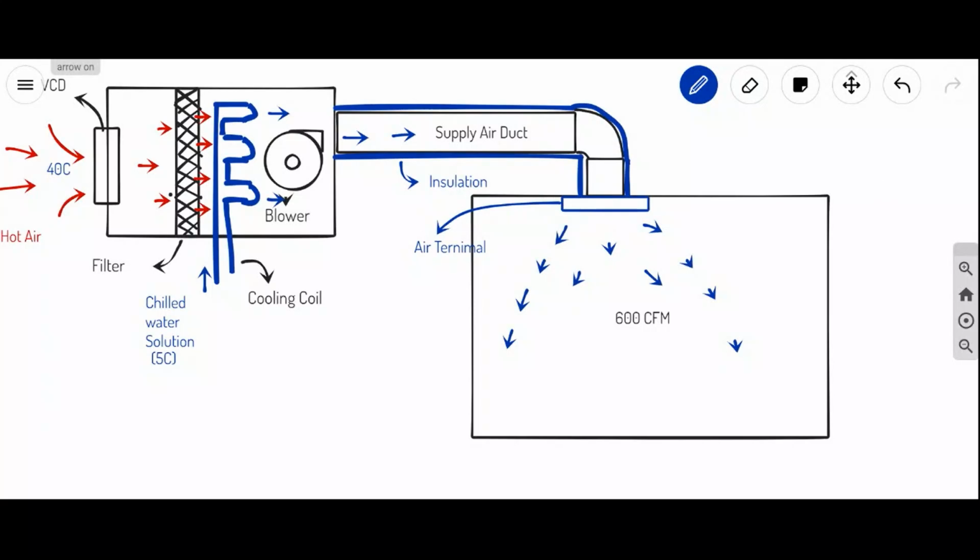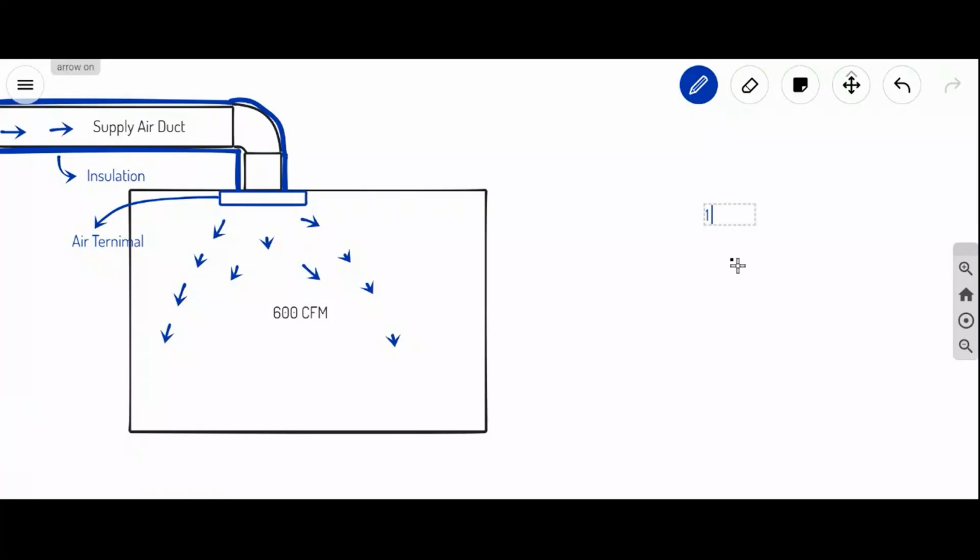Now, assume in the first minute we have supplied 600 CFM, cubic feet per minute, right? 1 minute में 600 CFM we have supplied. Now, second minute, again we are supplying 600, so that in the room it will be 1200 CFM.